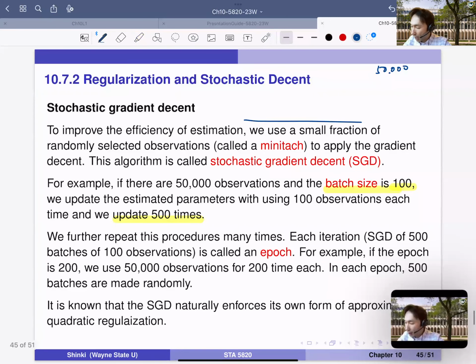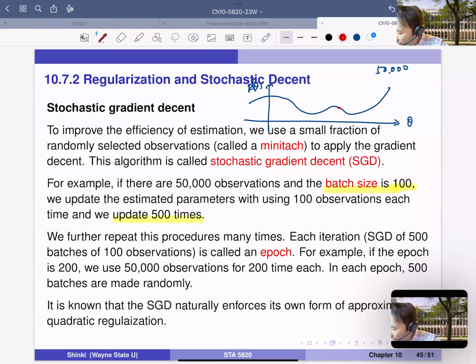For example, if we have theta here, just a one-dimensional example, and we have this kind of objective function, error function, then if the algorithm is very stable, maybe we start from here, just go here, and reach this point. Sorry, I think this graph is not good. But sometimes we miss the global minimum. If we move more, like this and this and this, finally we have a higher probability to reach the global minimum. So I think probably this is the reason that we use the stochastic algorithm for this.